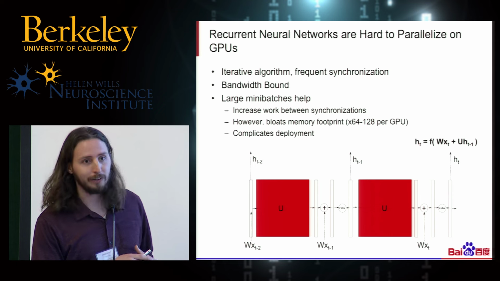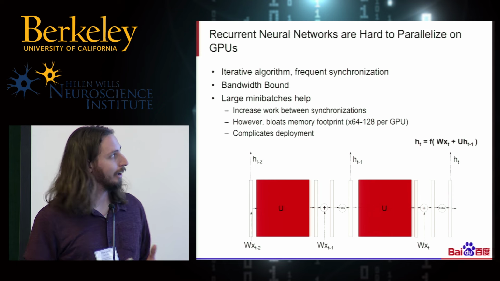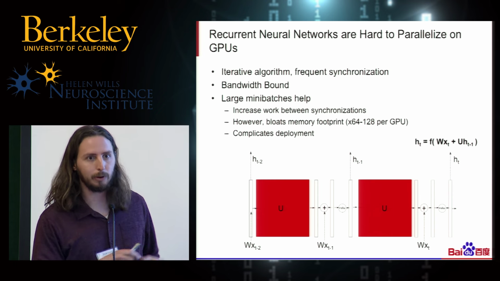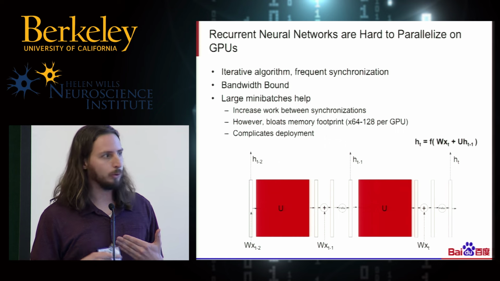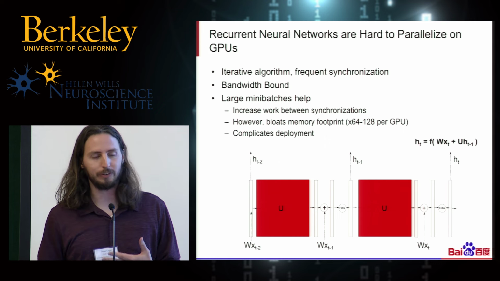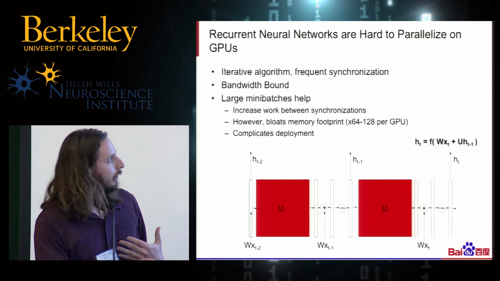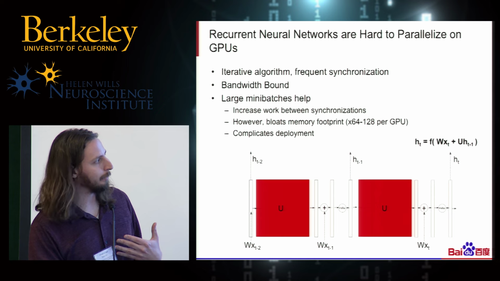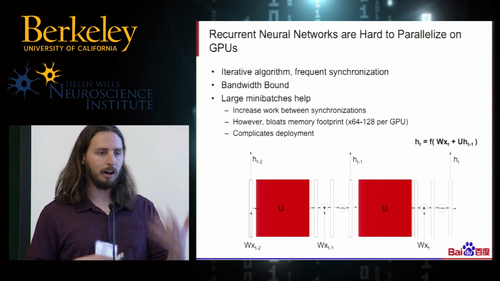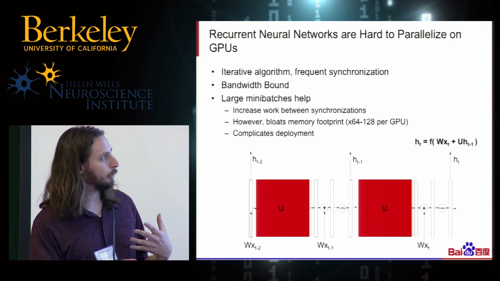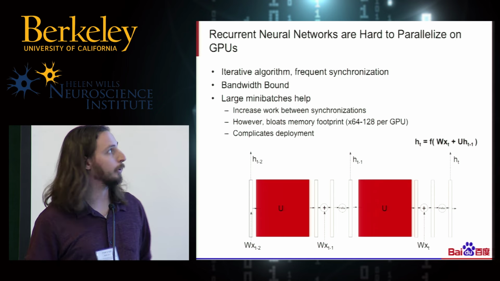And the problem with iterative algorithms is they're not independent. Every time you do a time step or every time you do an iteration, you need to know the outcome of the previous iteration. So in this case, what it means is that this weight matrix has to be reloaded for every time step if we're using the matrix multiplication that we're used to.